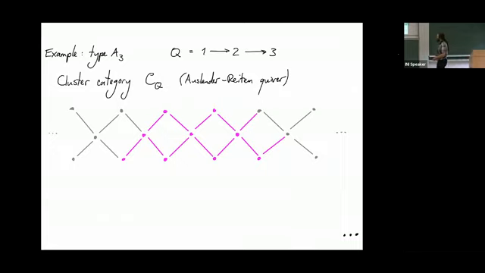Everything in purple is a fundamental domain because the cluster category repeats itself. Yes, it's periodic. So this object here and this one here are the same. And every triangle like this, or every square like this, is an almost split triangle in the cluster category for its triangulated structure.